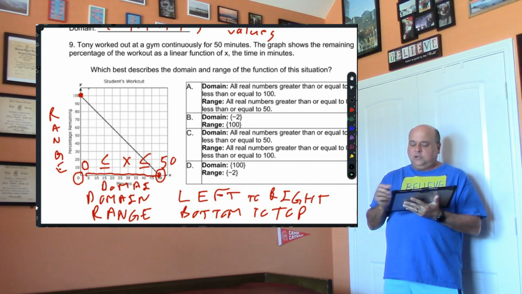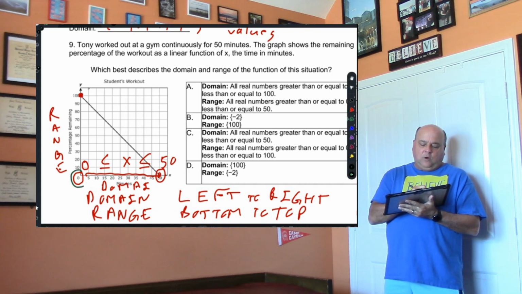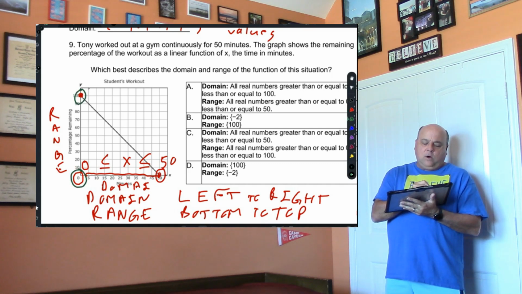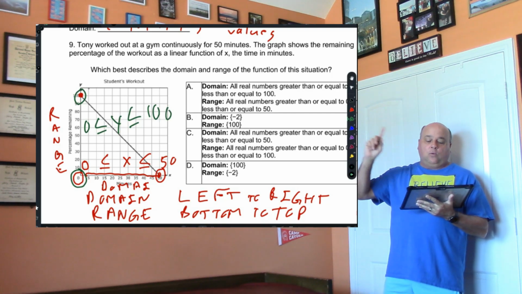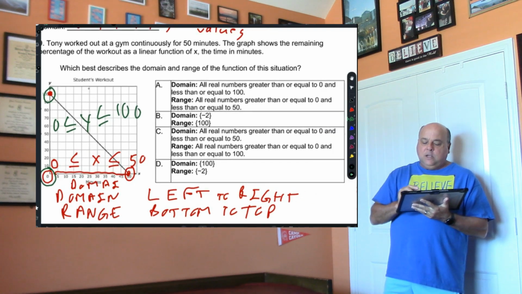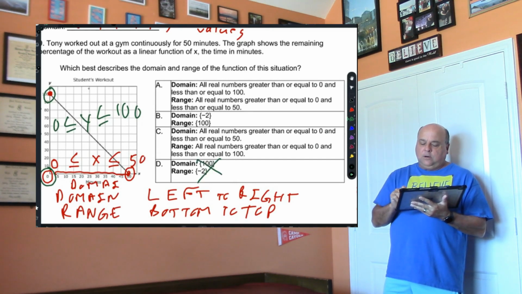I'm going to switch colors. My range would go from here to here. The range would go from 0 to 100, wouldn't it? So the domain goes from 0 to 50, and the range goes from 0 to 100. So right here, this is wrong. All the real numbers greater than or equal to 0, less than or equal to 50, that's correct.